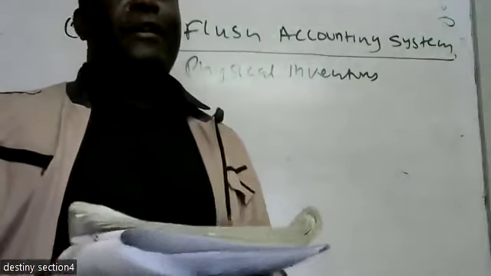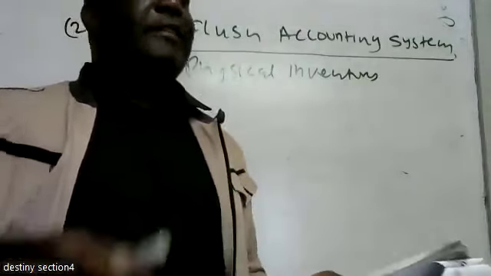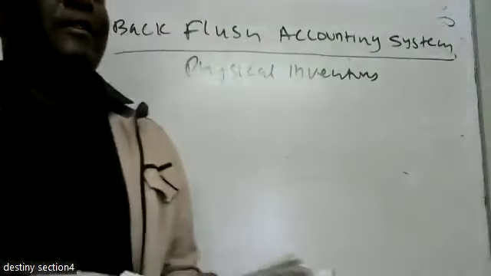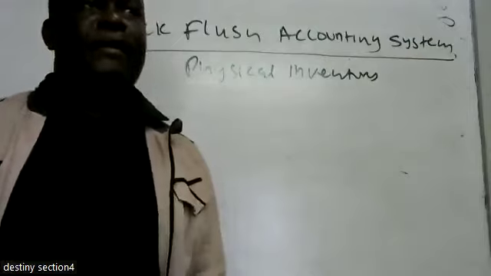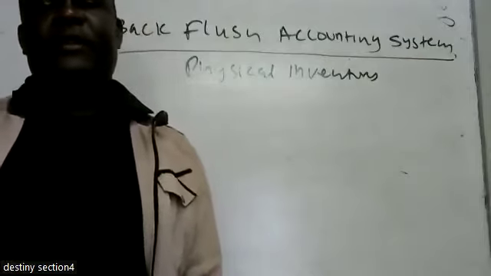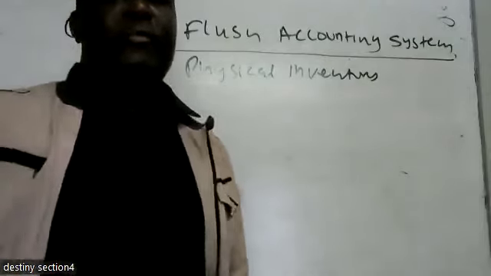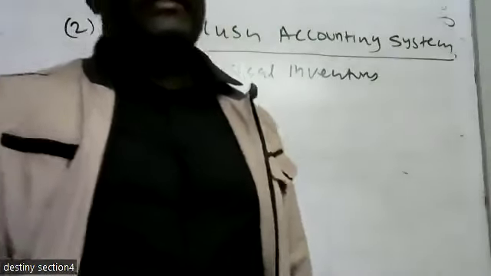Remember, if you are carrying out the exercise at the end of the year and something occurred on the 1st of January, you may not detect that kind of error. If something got spoiled, we may not actually get that error.